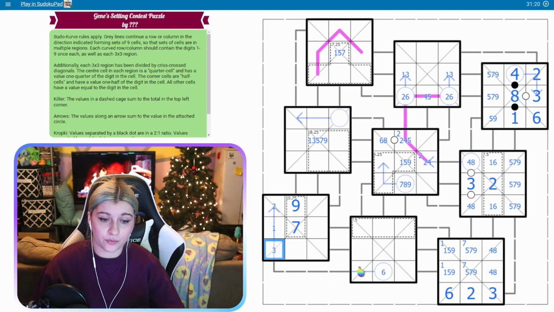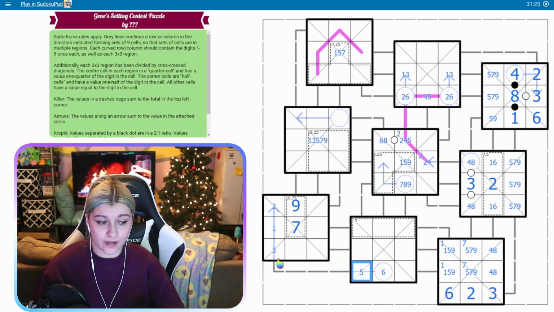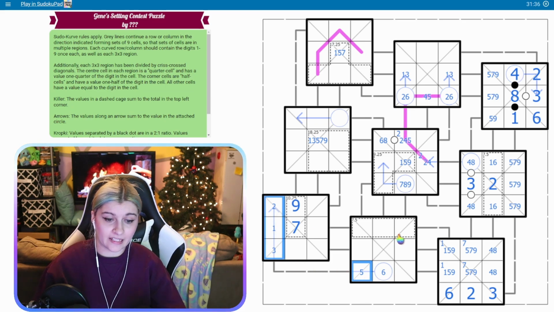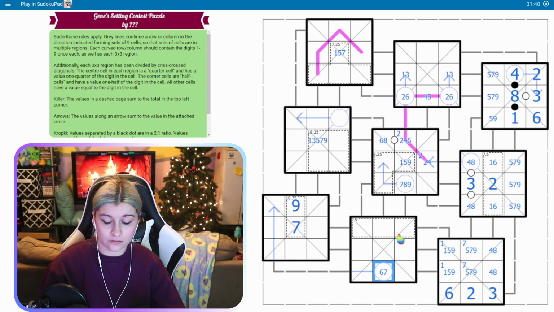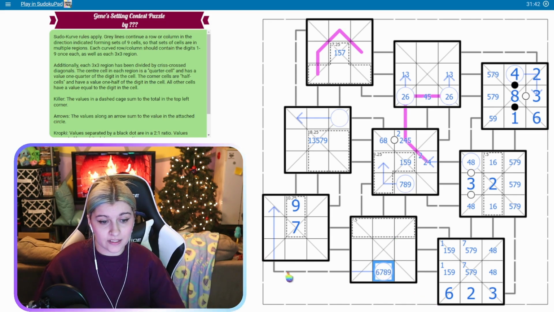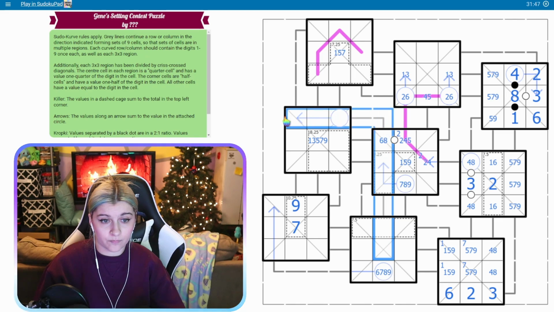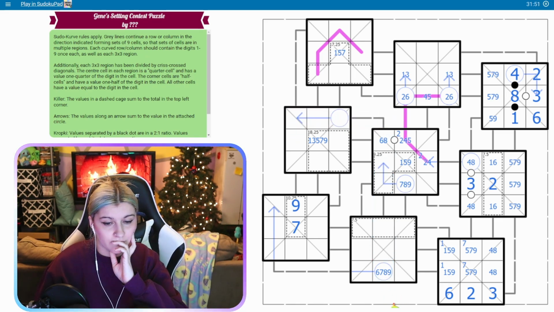But if this was a 3 and this was a 5, 2.5 plus 1.5 would be 4, 5, 6. That would also be a 6. So I think this is a 6 at the smallest. And it's very quickly going to get bigger. What does this see with Sudoku? I think that's fine to be a 6, 7, 8, 9.